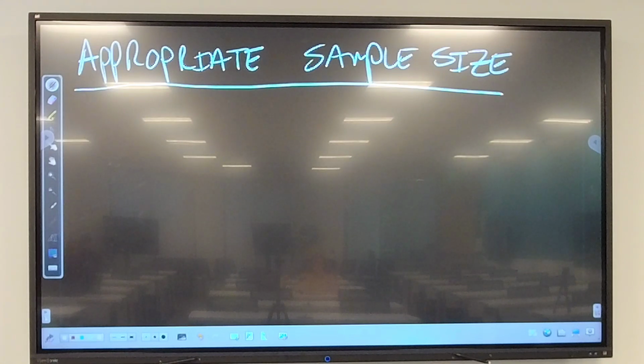Appropriate sample size will come from the computation of the confidence interval. So if I were to study my original formula for confidence interval, x bar plus or minus t sub alpha over 2 times s over root n.